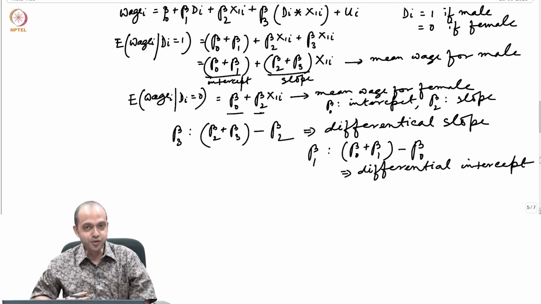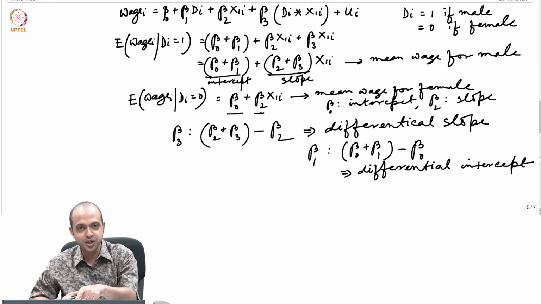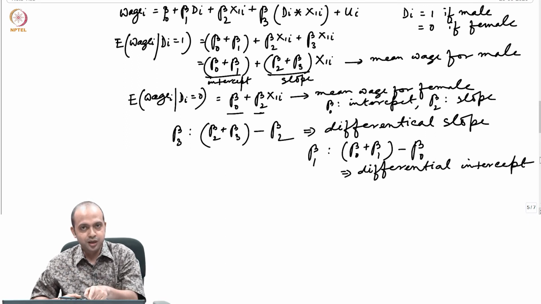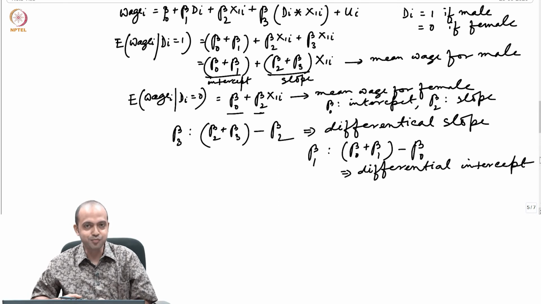When the dummy variable interacts with the covariates, the corresponding coefficient indicates differential slope, while when the dummy variable enters the model additively without any interaction with the covariate, then we say that the coefficient attached to that dummy indicates differential intercept. Okay?